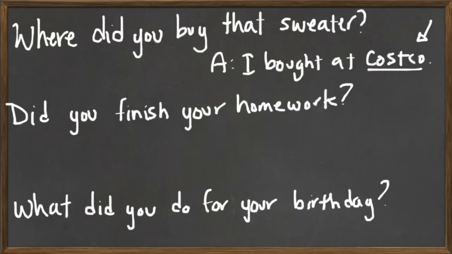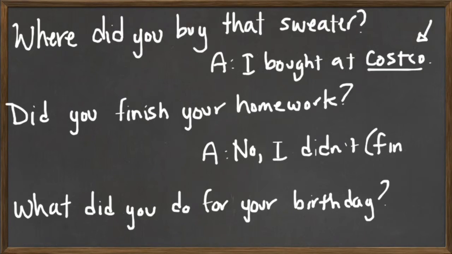Okay, number 2, did you finish your homework? Did you finish your homework? Okay, so a possible answer can be, no, I didn't. Or you can also provide a more complete answer. No, I didn't finish my homework.